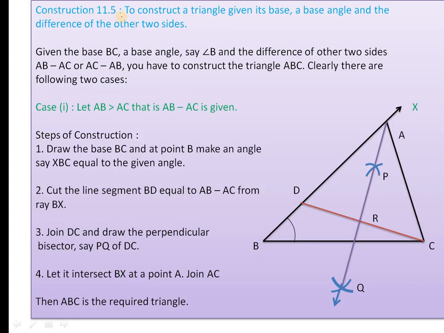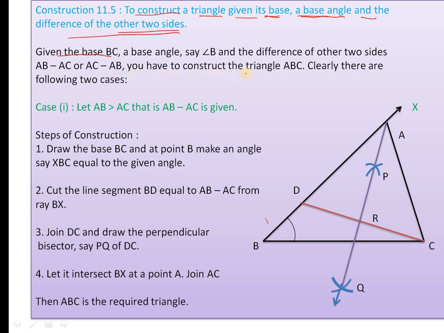Now construction 11.5. To construct a triangle, given its base, a base angle and the difference of the other two sides. In this question we are given the base BC, a base angle B and the difference of two sides, AB minus AC or AC minus AB.